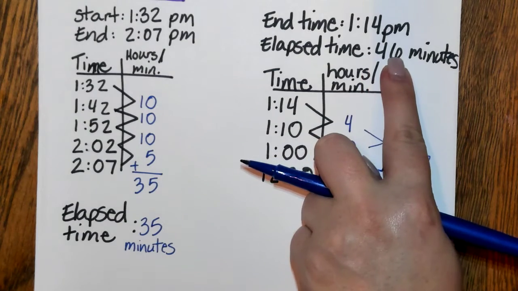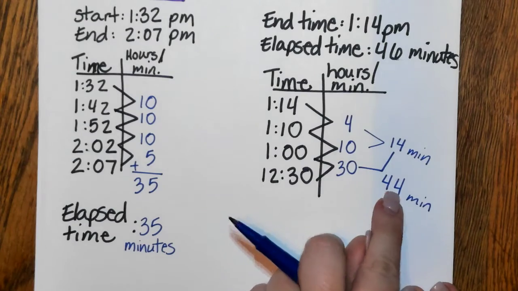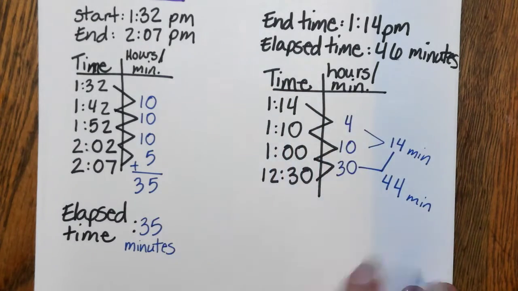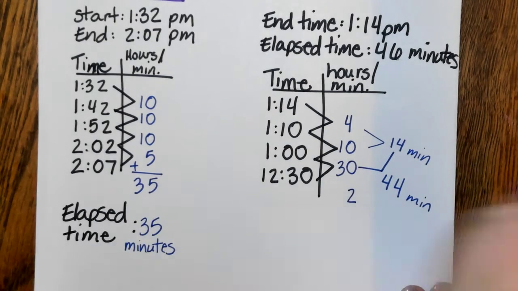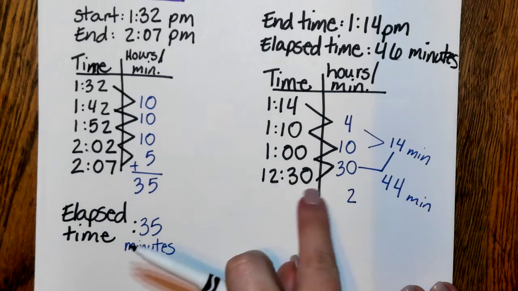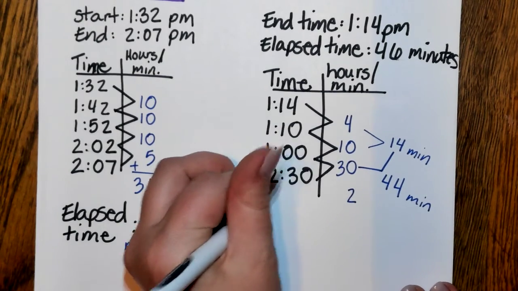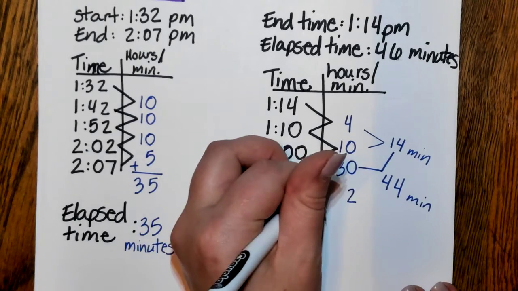But I'm not finished yet. I still have to make it to 46 minutes. So, how much further do I need to go? Well, 44, 45, 46. I need 2 more minutes. So I'm going to write that down over here. 2. And if I go back 2 more minutes, that's going to put me at 12:28.